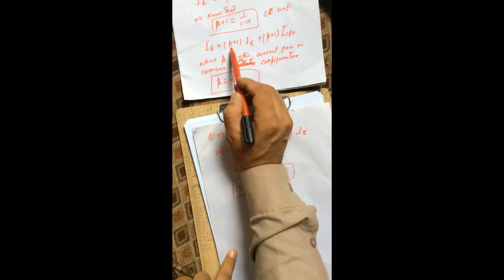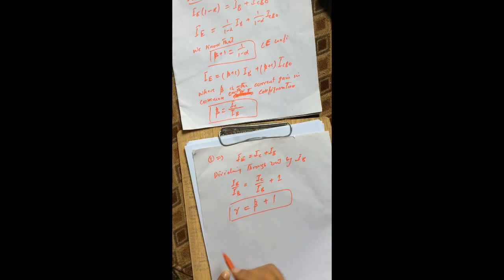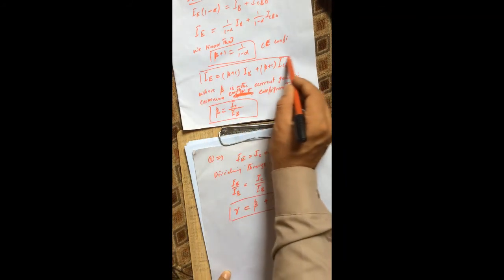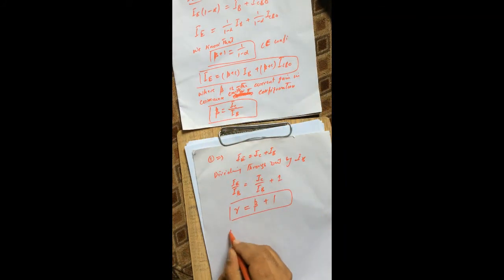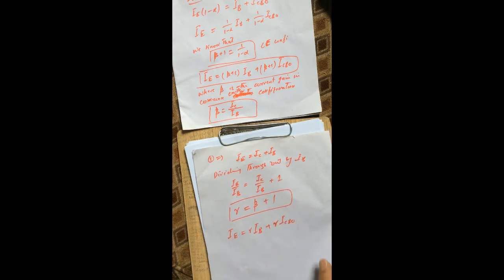So if I replace this beta plus 1 by gamma, then this equation will become IE is equal to gamma into IB plus gamma into ICBO.